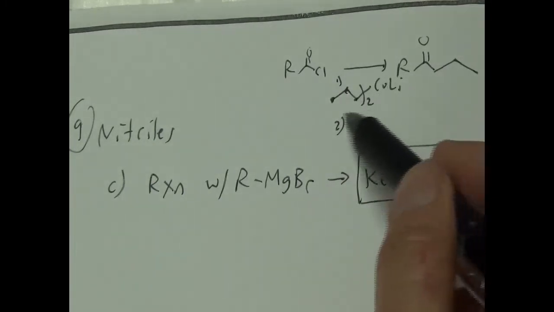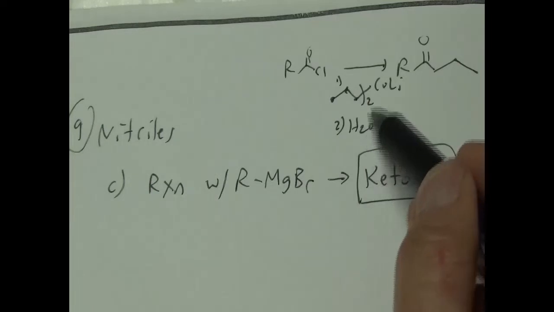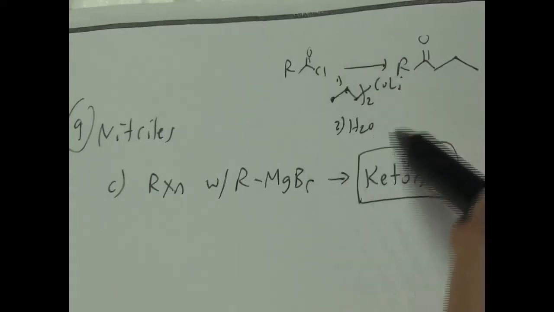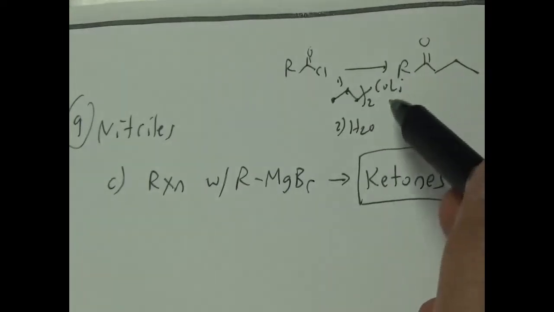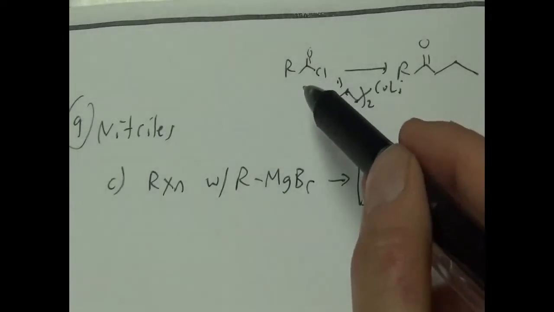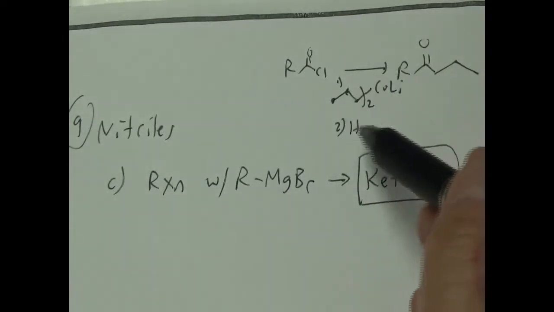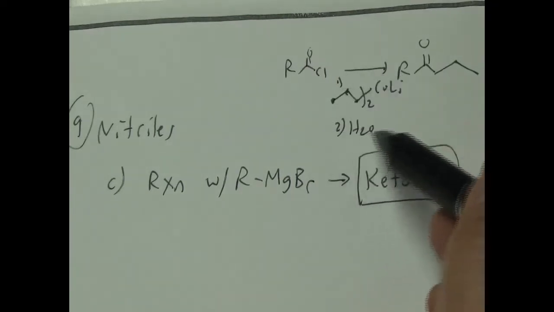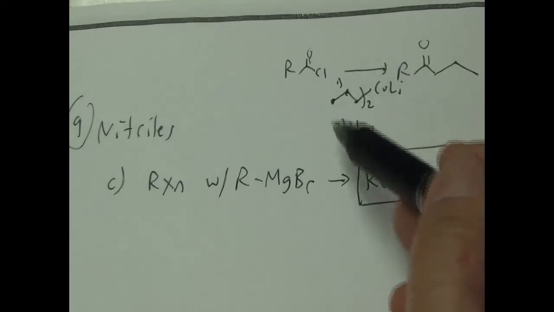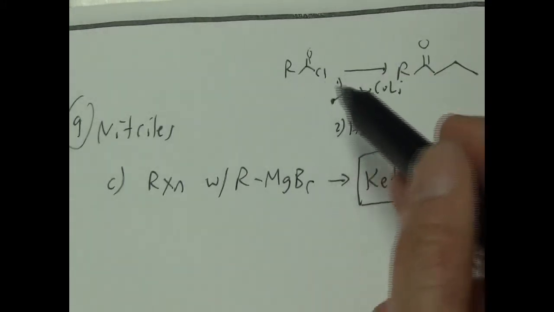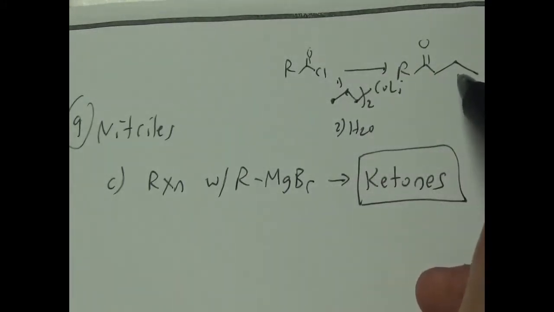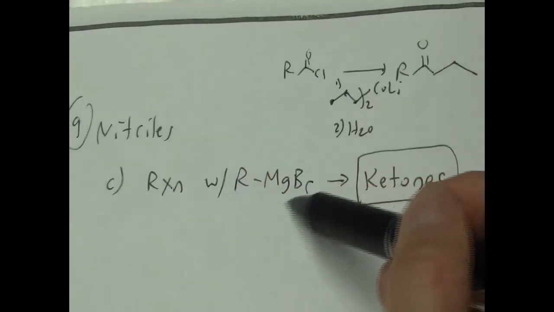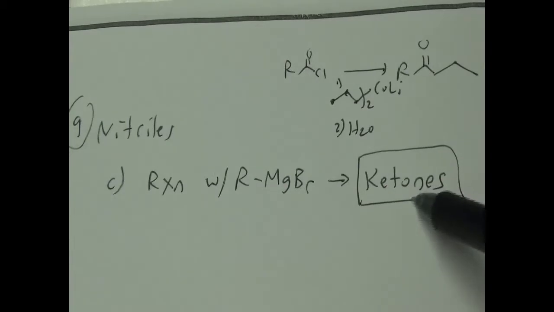They also do the 1,4 addition to enones that we talked about, but none of the carboxylic acid derivatives react with cuprates except acid chlorides, and those give ketones, all right? But a nitrile reacts with the Grignard to also make a ketone. So it's another way to make a ketone.